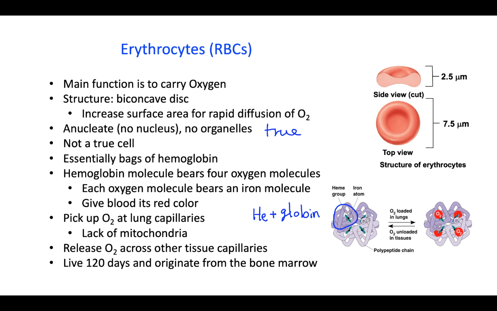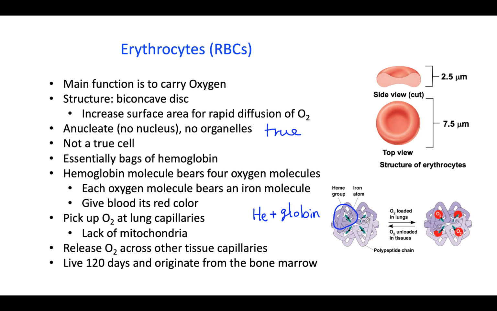An ordinary cell has a nucleus and mitochondria. This ordinary cell receives oxygen, then that oxygen enters mitochondria for cellular respiration. But a red blood cell does not have mitochondria. Erythrocytes do not contain any subcellular organelles.